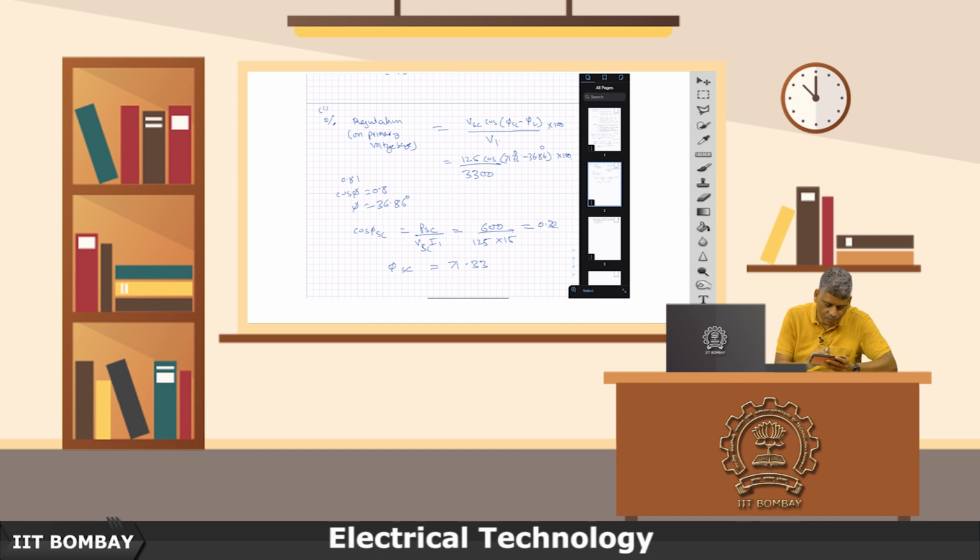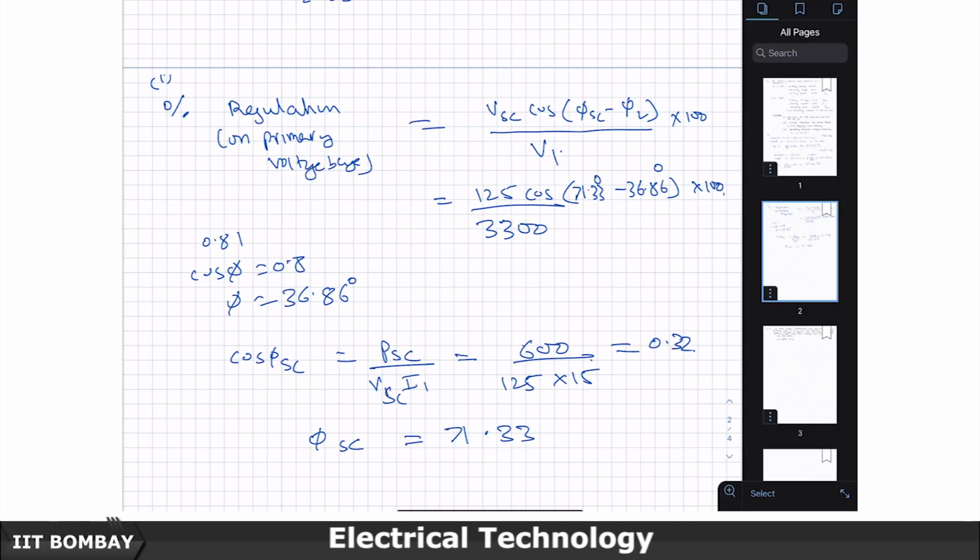I take the cosine of that, I get 0.8244, which I multiply by 125 and then divide by 3300 times 100. So, I get 3.122%. So, the regulation of the transformer is 3.122%.